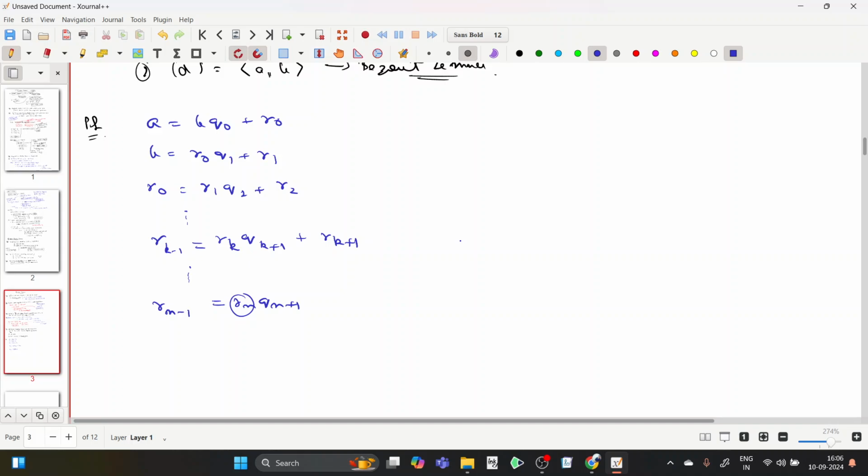This is pretty easily observable, following from the previous proposition, that if I take any two non-zero elements in some commutative ring and the ideal generated by both the elements is a principal ideal, then I can talk about the GCD of A and B being the generator of that principal ideal. So I already know about the existence of a GCD. Okay, so it just suffices to show that D is equal to Rn. We do not have to show the existence of a GCD. That's what I'm exactly talking about. I'm not writing this in statements, but I guess you can follow what I'm saying.